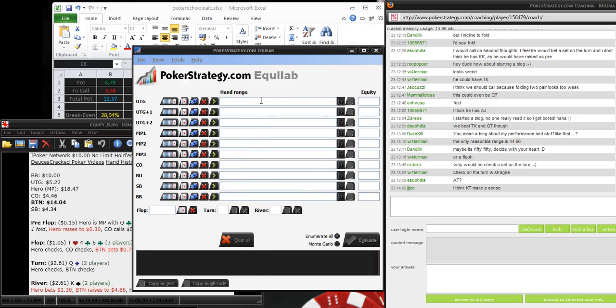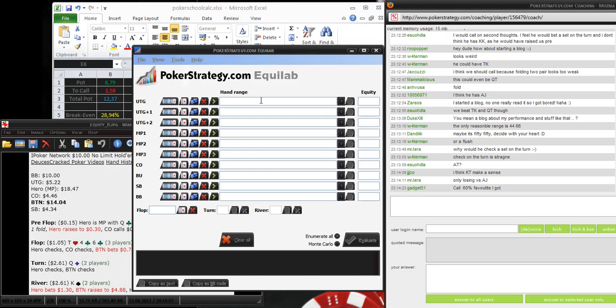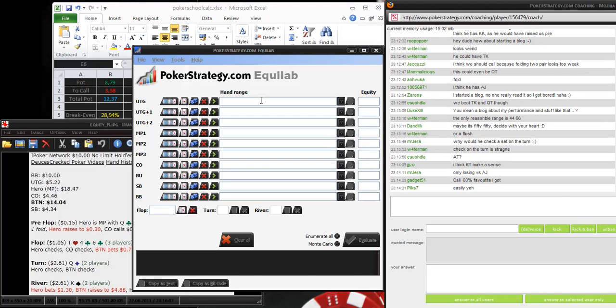And then on river, now is the question, what kind of range could the opponent have here? Let's start from the sets. What do you think, guys? Could the button have sets? Yeah, easily, definitely he could. Let's try this.